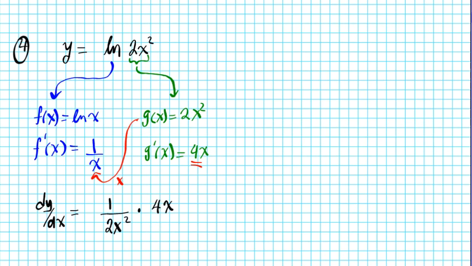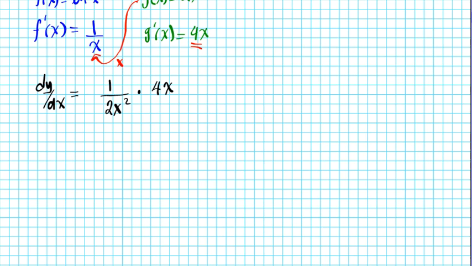What we're going to do now is refine and simplify. So let's see what we have here. dy dx is 4x over 2x squared. We can reduce this using the properties of exponents. 2 goes into 4 twice. When you're dividing exponents, you subtract the smaller power from the bigger one, and you keep the variable with the bigger power.